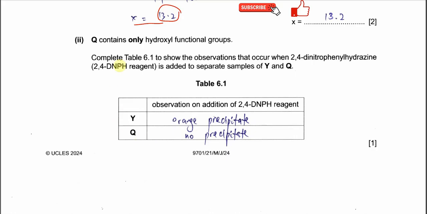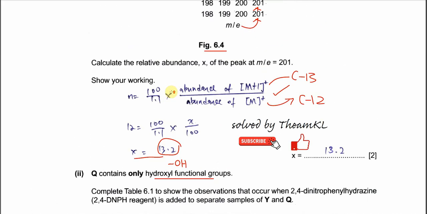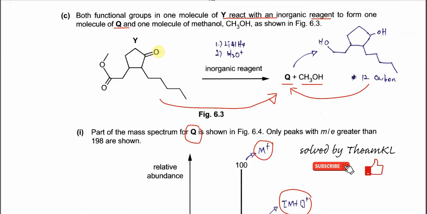Part 2. Q contains only hydroxyl functional group. Complete table 6.1 to show observations that occur when 2,4-DNPH is added separately to Y and Q. Again, follow the instruction. Q only has the hydroxyl, the OH functional group. Molecule Y has two functional groups, the ester and this carbonyl.